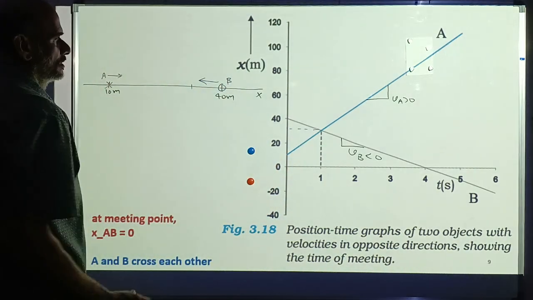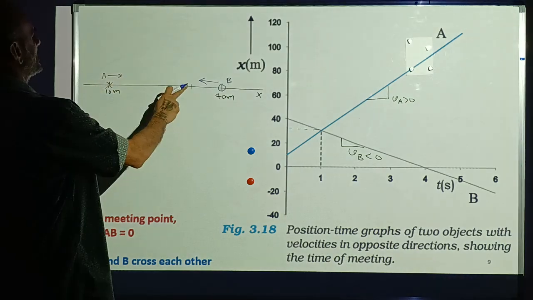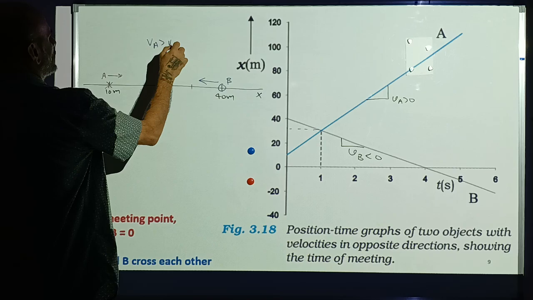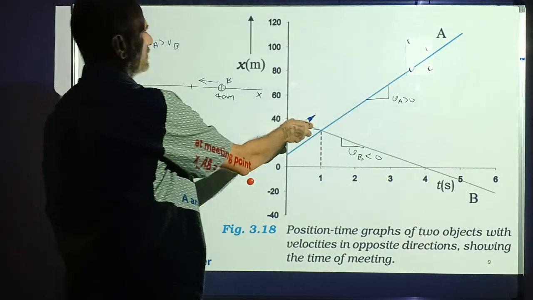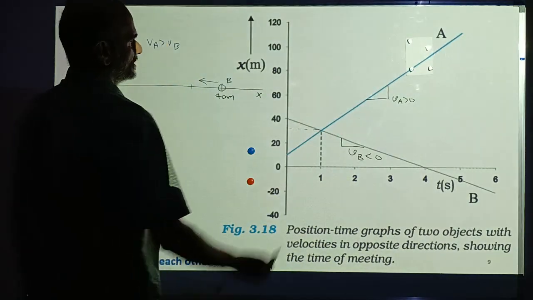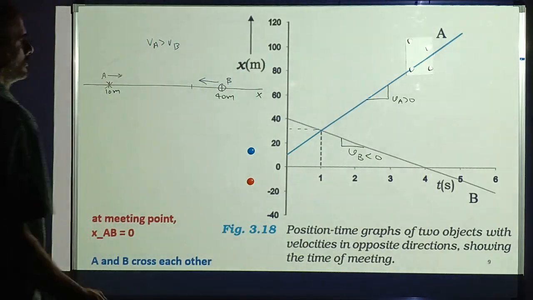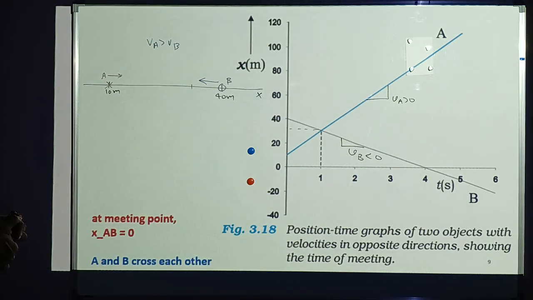This means that A has traveled a larger distance, so we can expect VA to be greater than VB. You can see that from this graph also. A is more steep, B is less steep, but it's downwards. So this way you can understand the relative motions of two bodies.